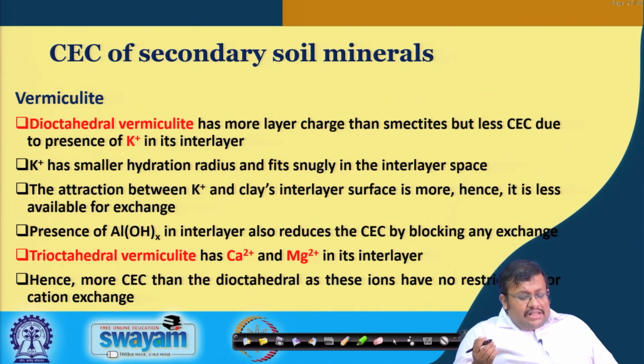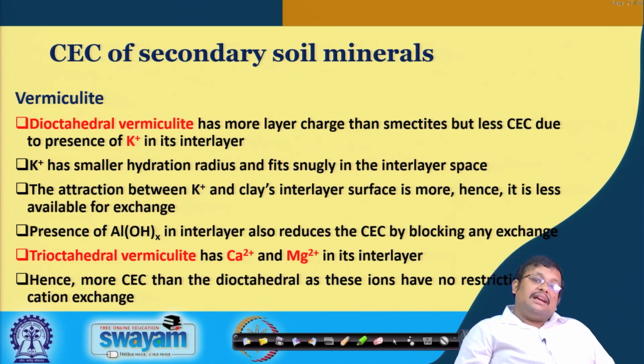The presence of aluminum hydroxide in the interlayer also reduces the cation exchange capacity by blocking exchange sites, such as in the case of chlorite. Trioctahedral vermiculite has calcium and magnesium in its interlayer, hence more CEC, as these have no restriction for cation exchange.